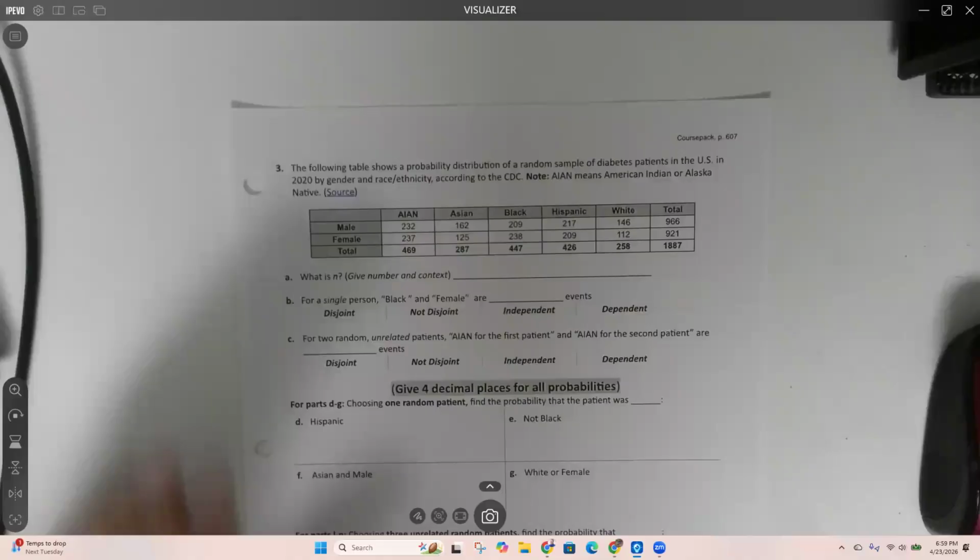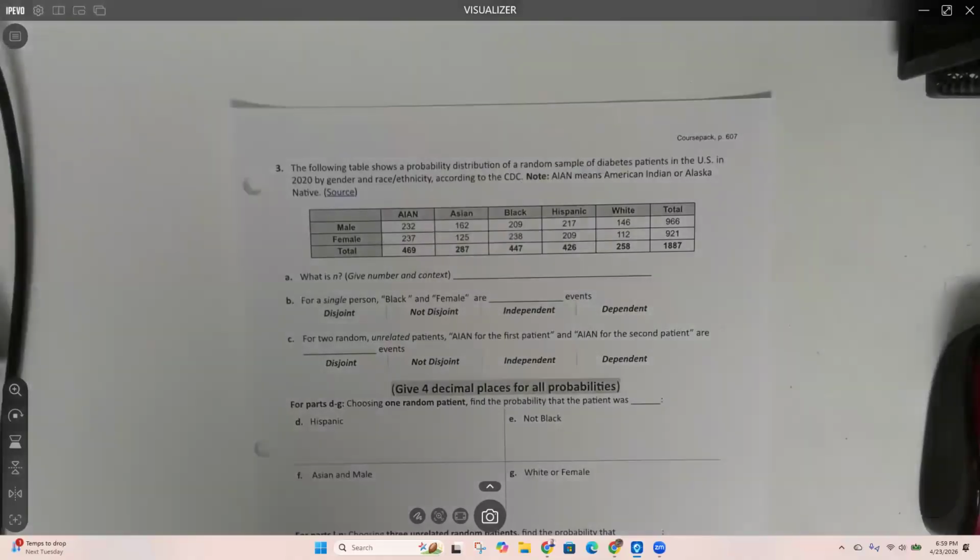The following table shows a probability distribution of a random sample of diabetes patients in the US in 2020 by gender and race, according to the CDC. Note that AIAN means American Indian or Alaskan Native. Okay, interesting.